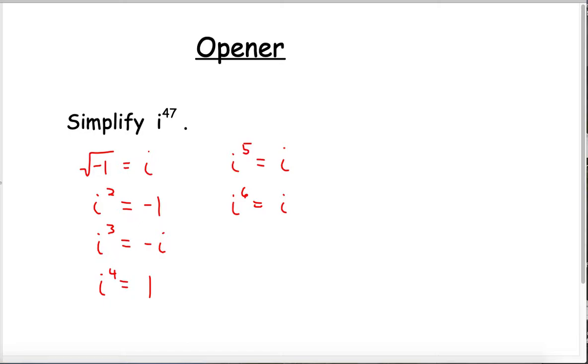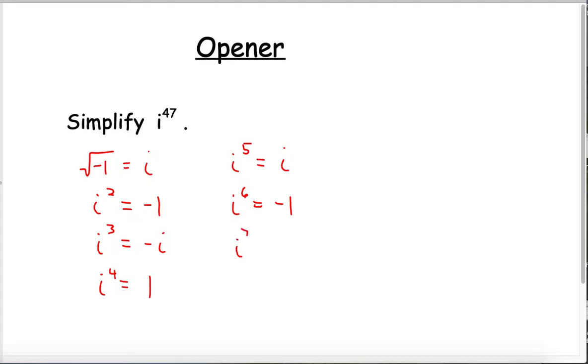We could do i to the 5th times i to the 1st, or we could do i to the 4th times i to the 2nd, etc. So i to the 5th is just i, and then times i gives us i squared, which is -1. So i to the 6th is just -1, just like i squared.